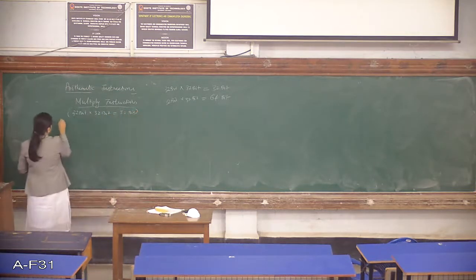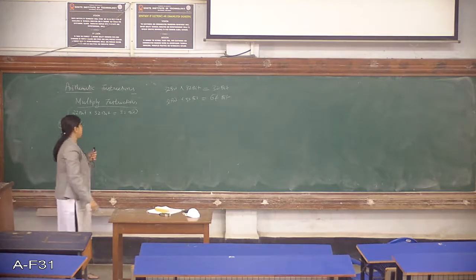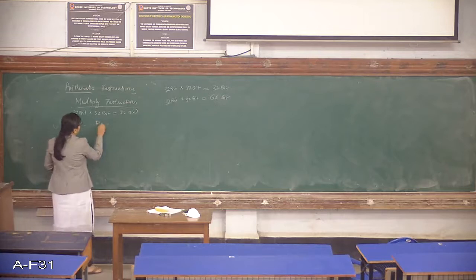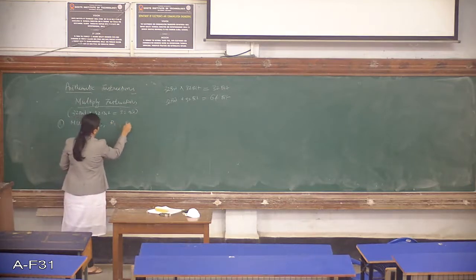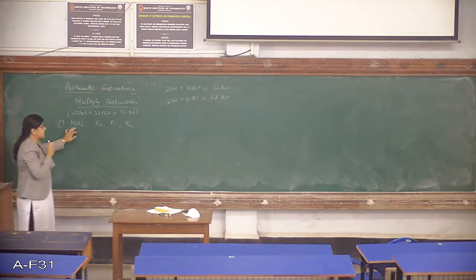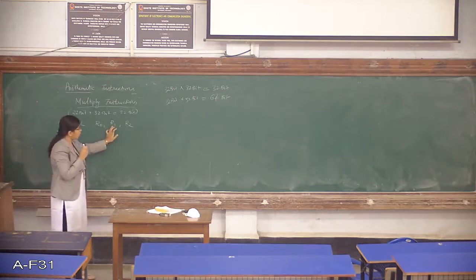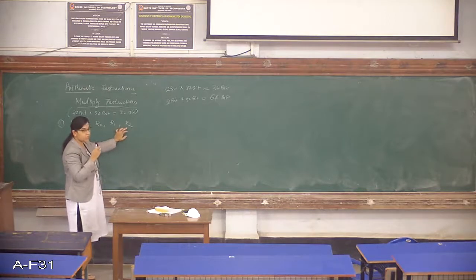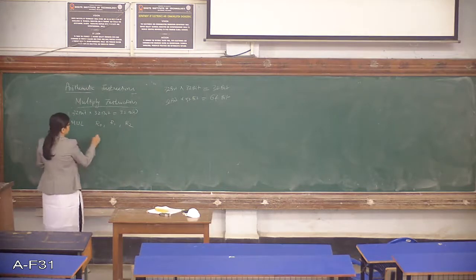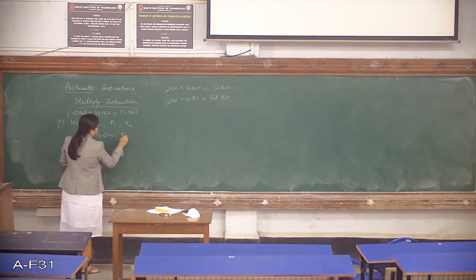The first instruction is MUL, which stands for multiplication. You have R0, comma R1, comma R2. MUL is the opcode. R0 is the destination, operand 1 is R1 and operand 2 is R2. So in R0 you will have the result of R1 multiplied by R2.